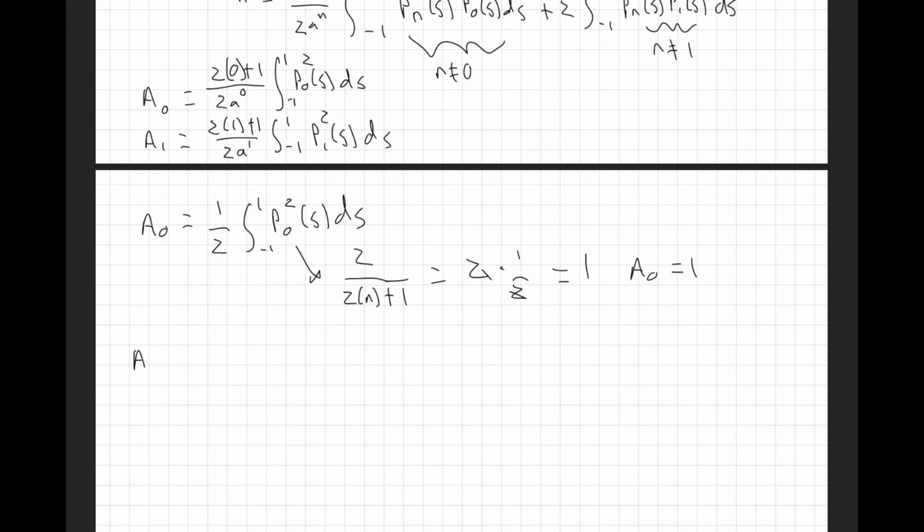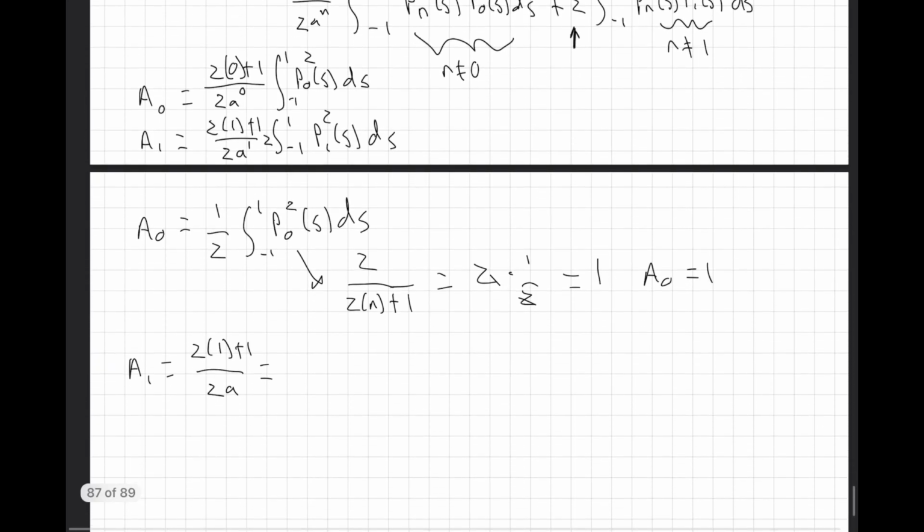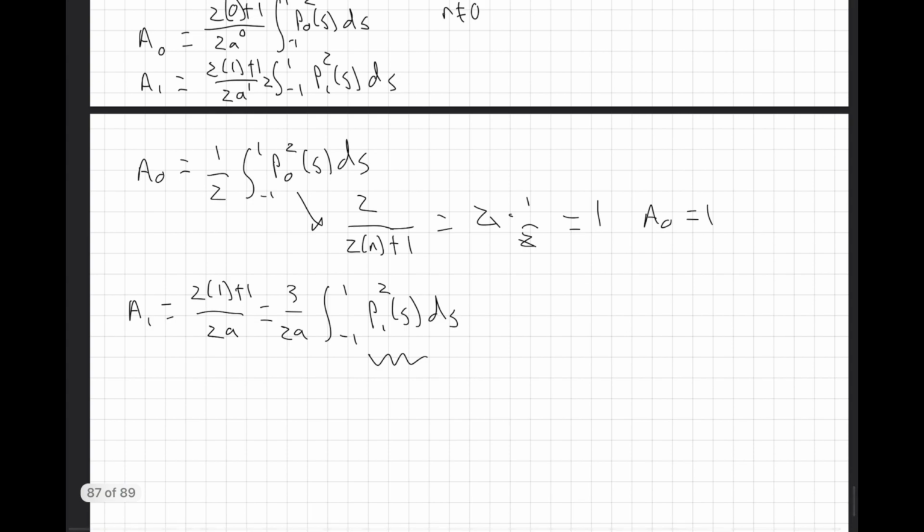And then a sub 1 is going to be equal to (2 times 1 plus 1) over 2a. Oops, I forgot this 2 right here. So there's a 2 out front of this integral still. And this is equal to 3 over 2a multiplied by the integral from negative 1 to 1 of p sub 1 of s ds squared, and we've got a 2 over here still.